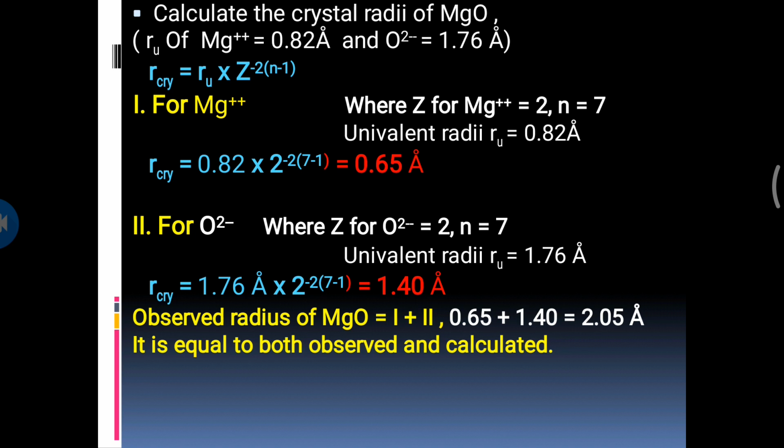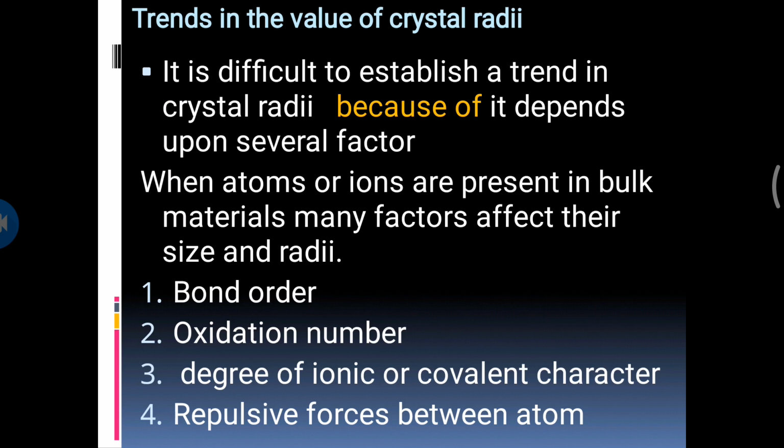So both observed and calculated radii agree. That's why we need to convert polyvalent radii into univalent radii, and we calculate univalent radii by using the Born equation.